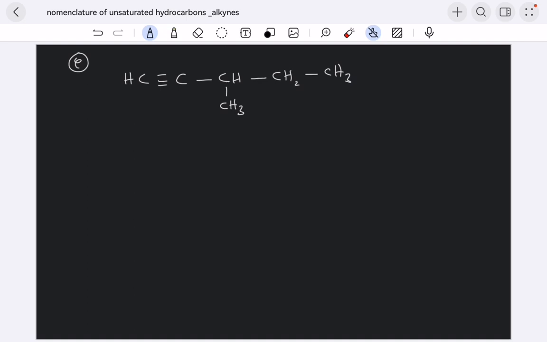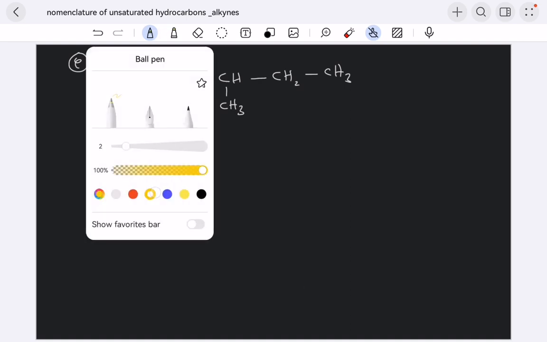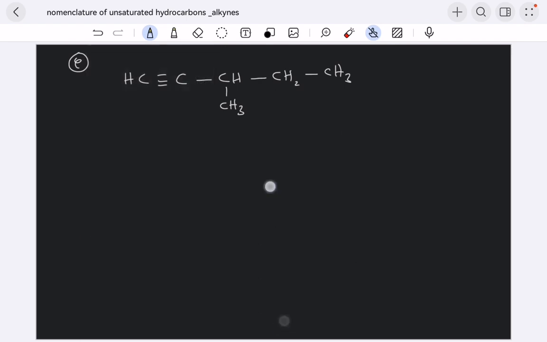So in this case, 1, 2, 3, 4, 5. Our longest chain is a straight chain. So 5, how do we start counting? The correct counting should start from where the triple bond is. So this would be 1, 2, 3, 4, 5. Remember, this is considered as a substituent, which is a methyl.